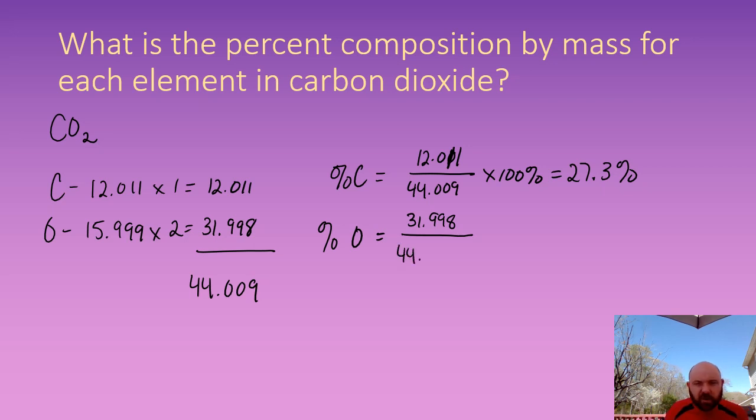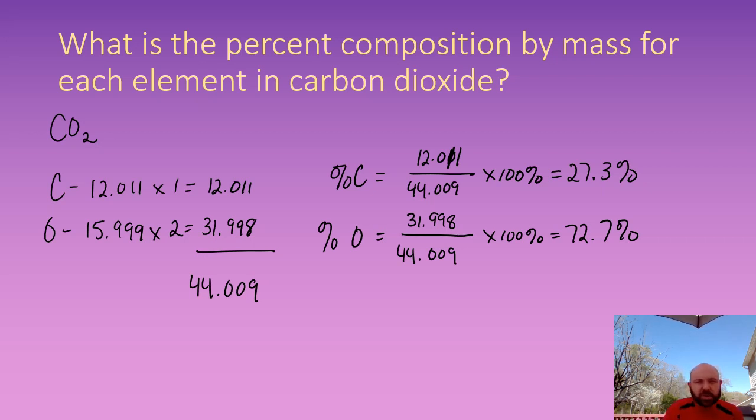The compound has a total of 44.009 atomic mass units times 100%. And we can see that our molecule is composed of about 72.7% oxygen, which is what we expect by looking at the percentage of carbon there.